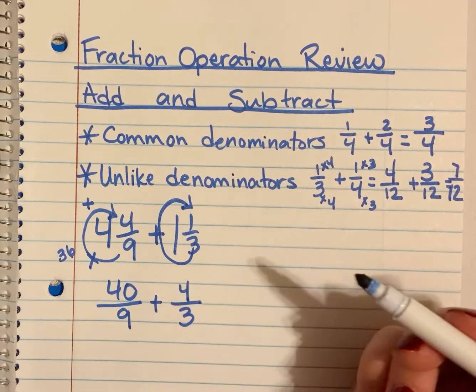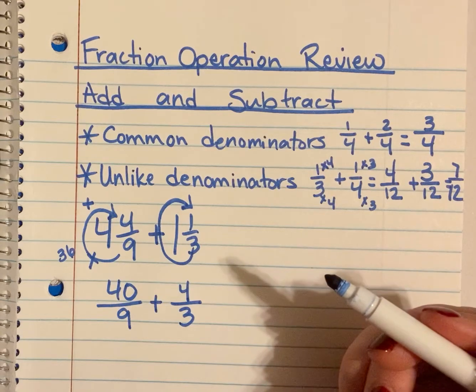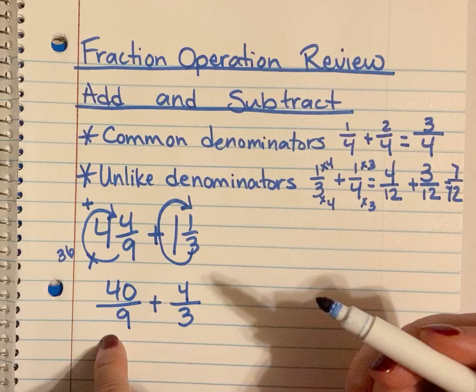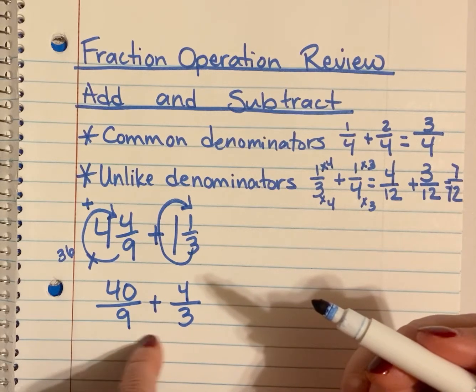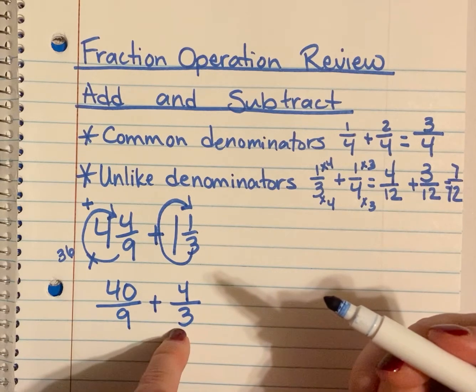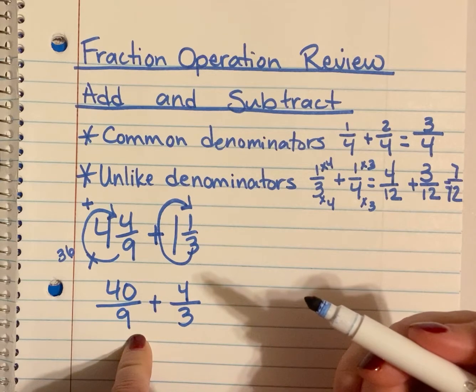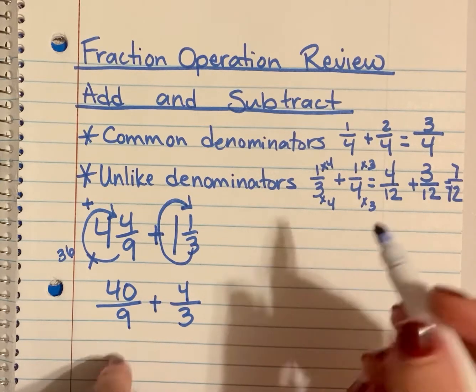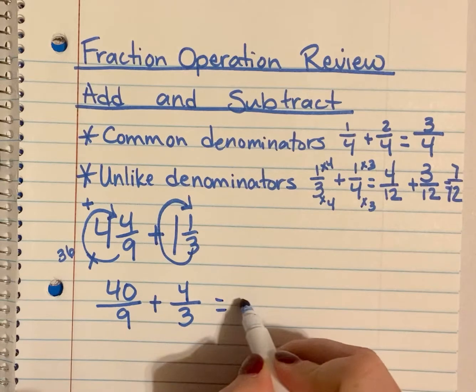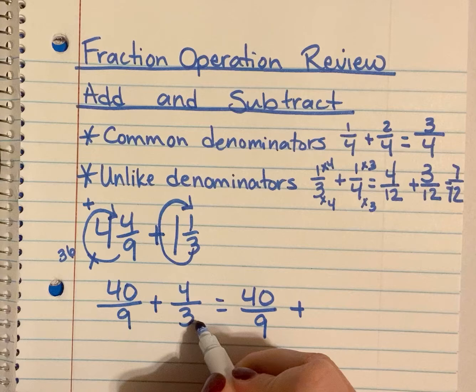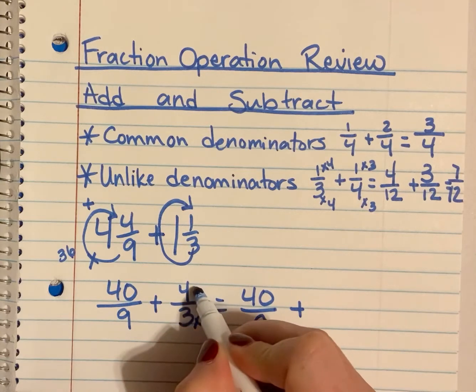Now I've got a fraction that is improper. Now I just need to find a common denominator. If I can keep one denominator the same, I want to do that. So I'm going to keep 40/9, and I'm only going to change this fraction.